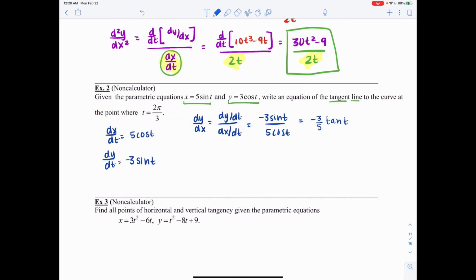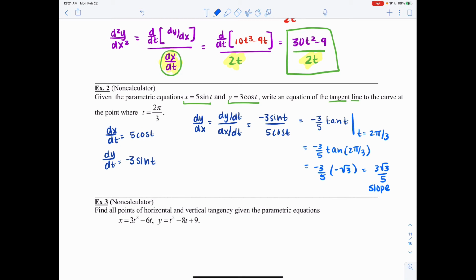We want to evaluate this at t equals 2 pi thirds. If we do that, we're going to get negative 3/5 times the tangent of 2 pi thirds. Tangent of 2 pi thirds is going to give me negative root 3, for a final answer of 3 root 3 over 5. Not final answer, but that's your slope.